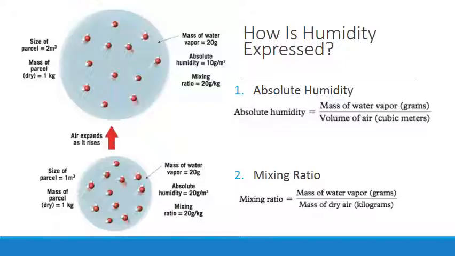Pretty neat, right? The problem that both of these numbers have is that the mass of water is difficult to measure. And that's why we don't usually see these numbers in weather reports. Relative humidity and dew point are easier to determine, and we'll figure those out in the next presentation.